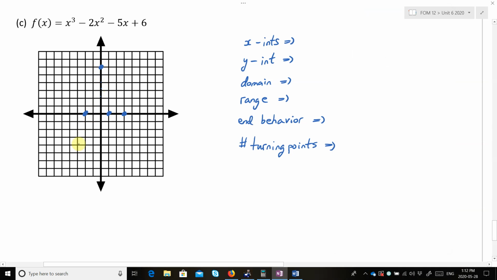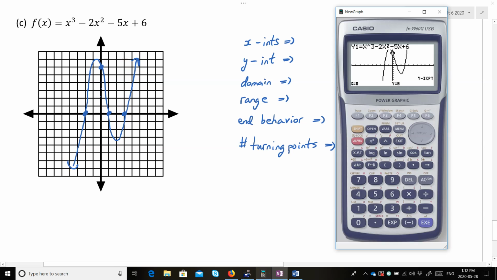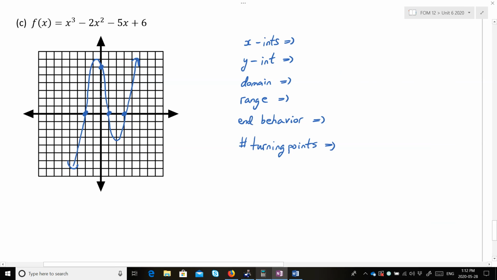Okay, so we can see that the graph roughly goes like this. Okay, so x-intercepts are at -2, 1, and 3. The y-intercept is up at 6.